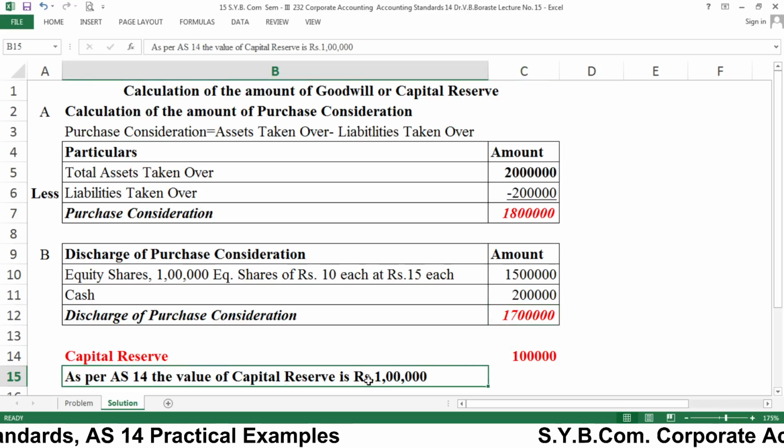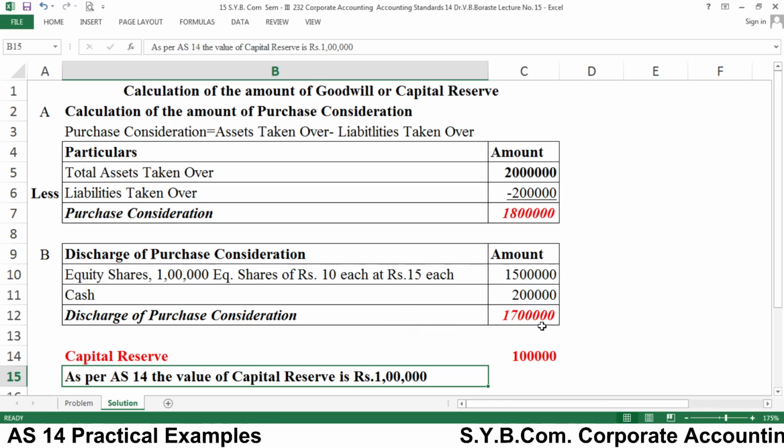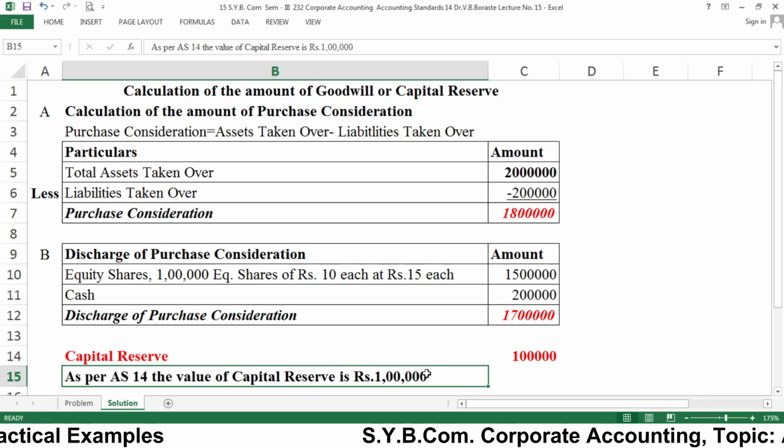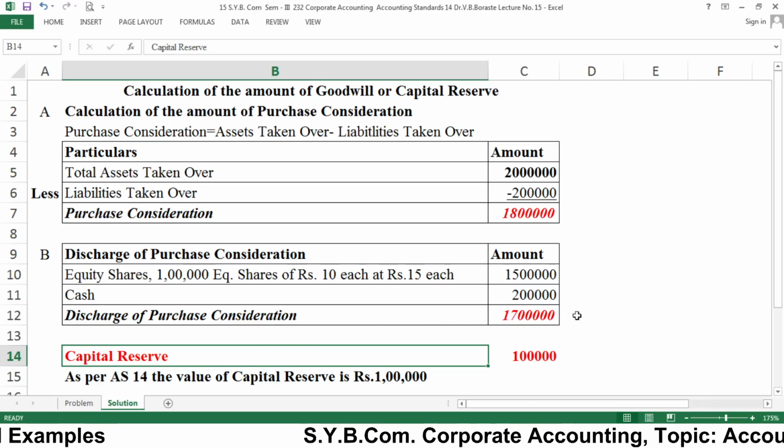As I earlier mentioned, if the discharge is more than the purchase consideration, at that time there will be goodwill. But if the discharge is less than the purchase consideration, then it will be capital reserve. So in this example, as per accounting standard 14, the value of capital reserve is 1 lakh, just because 18 lakh is purchase consideration and discharge of PC is 17 lakh.